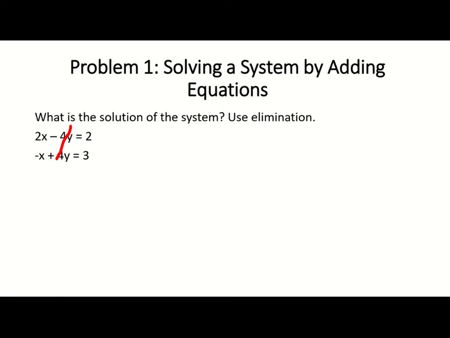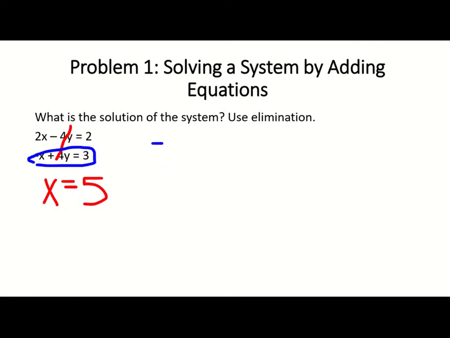And I'm going to add what's left. 2x minus x is x, and 2 plus 3 is 5. So I get that x is equal to 5. Now, once I have my x value, I'm just going to plug it back into either equation. I'm going to plug it back into the second equation this time.